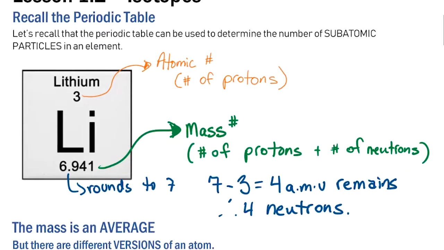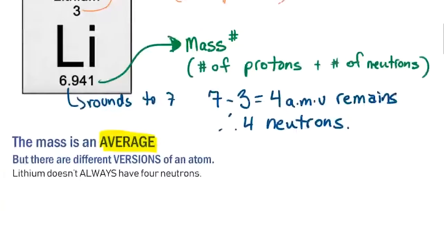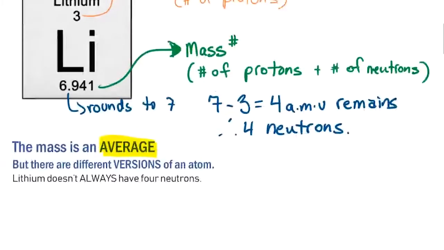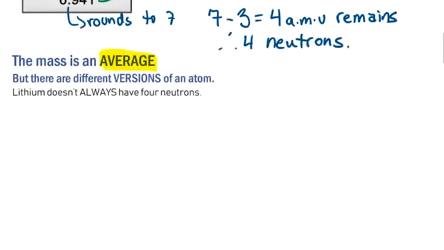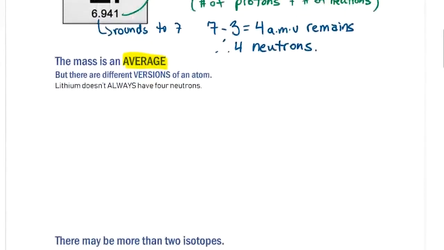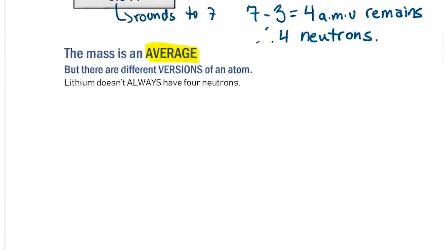Now, the thing to note is this is just an average. It's not always the case. Lithium doesn't always have 4 neutrons. In fact, we can have a version of lithium that is three protons and 4 neutrons.